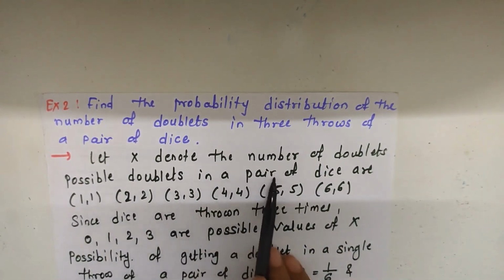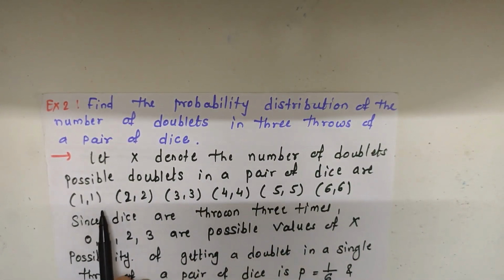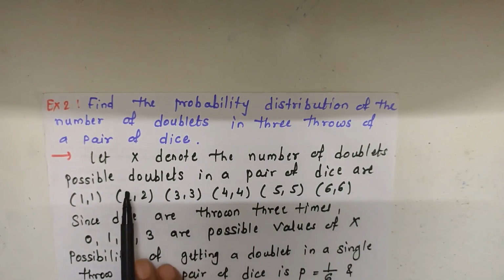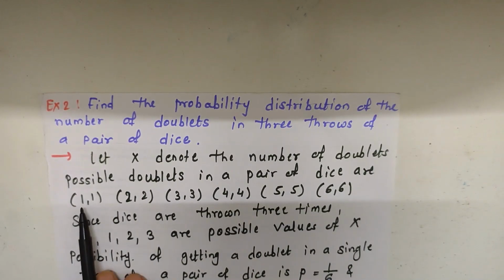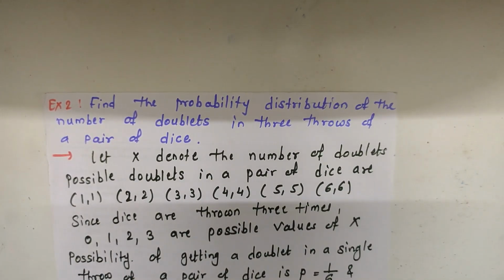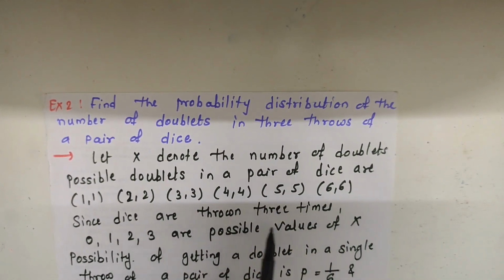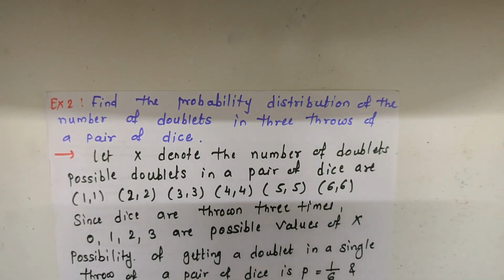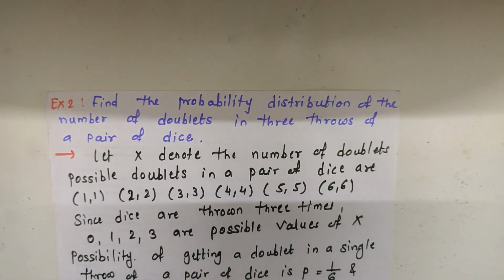Doublets in a pair of dice are 1 1, 2 2, 3 3, 4 4, 5 5 and 6 6. Doublets means both the numbers on the dice are the same. Now when the dice are thrown 3 times, the possible values of X are 0, 1, 2 and 3.